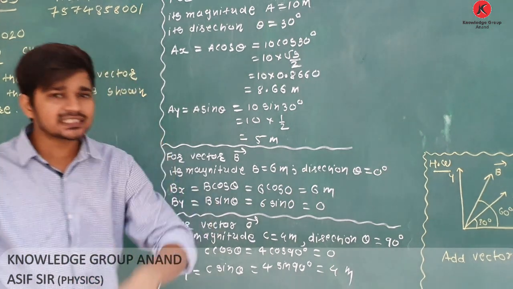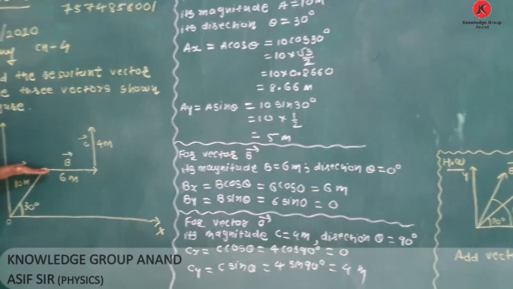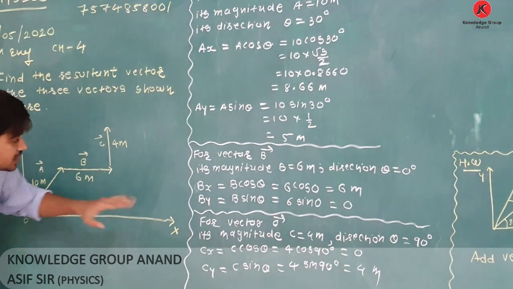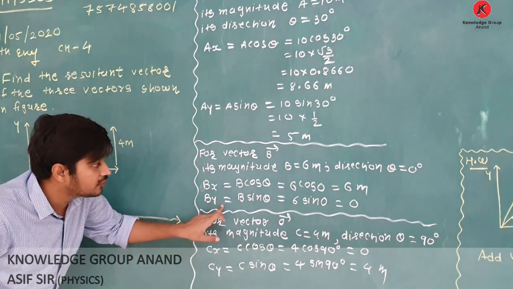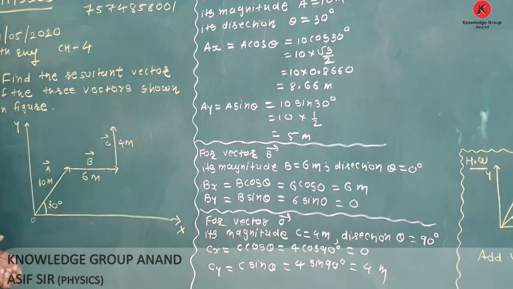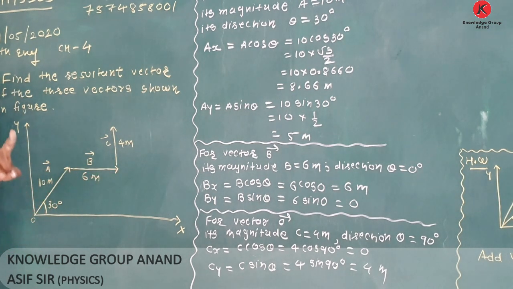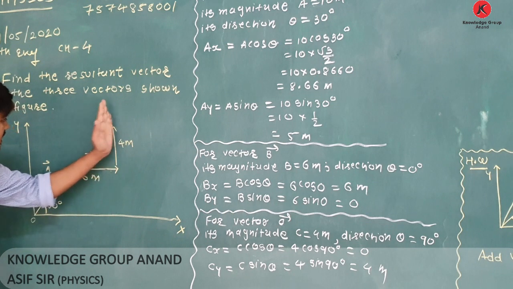Now see, there is one interesting result. This vector B is in x direction. Then see, Bx is equal to having some value, but By is equal to 0. So remember, whenever any vector is in x direction, its y and z components are 0. Similarly, for vector C, see, vector C is in y direction.